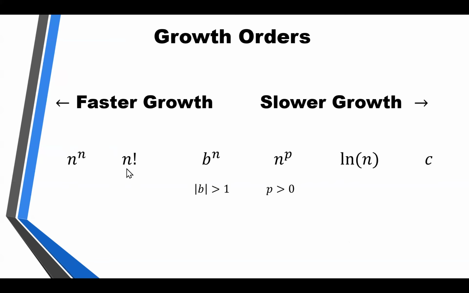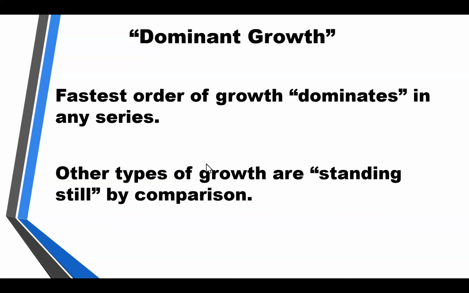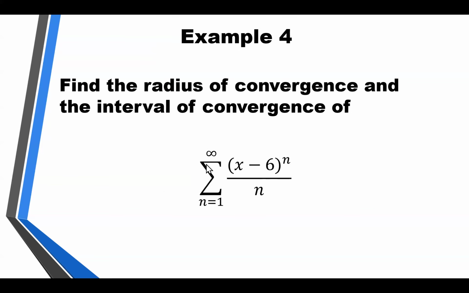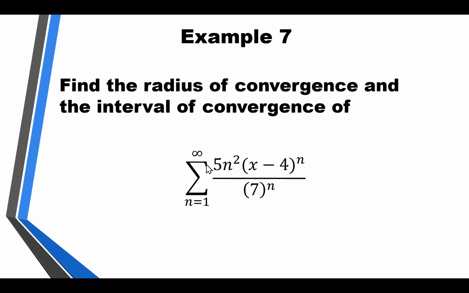Any faster growths than exponential? Exponential gets dominated by n factorial and n to the nth power. But if I have other types of growth, the exponential is always going to beat that one. So in a power series, we always have at least exponential growth because we always have at least x minus c raised to the nth power. And in all of these examples, that showed that.